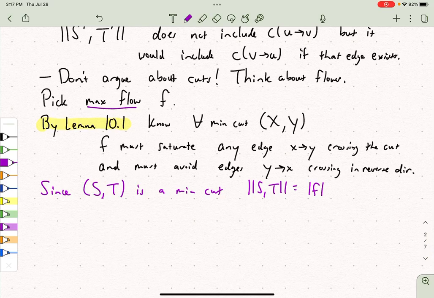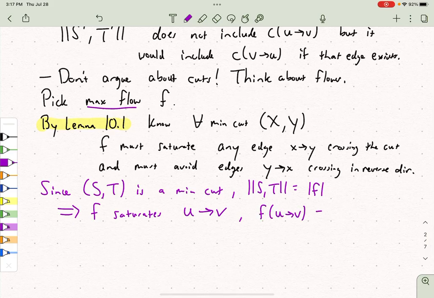And so that lemma implies that F saturates U to V. So in other words, the flow from U to V is at its highest it could be. It's at its capacity.